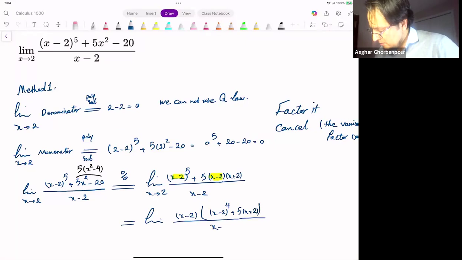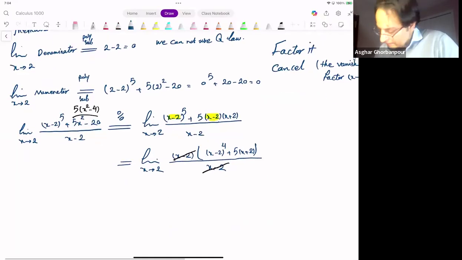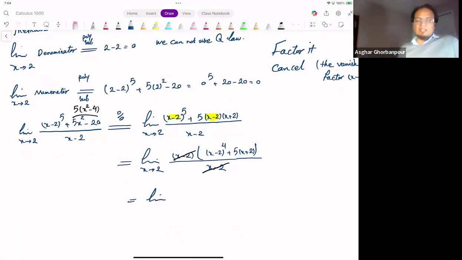And then x minus 2, x goes to 2. This cancels. Now we factor and cancel. And what we get in the next step is the limit of whatever is left, because there's nothing left in the denominator. It's 1 in the denominator.